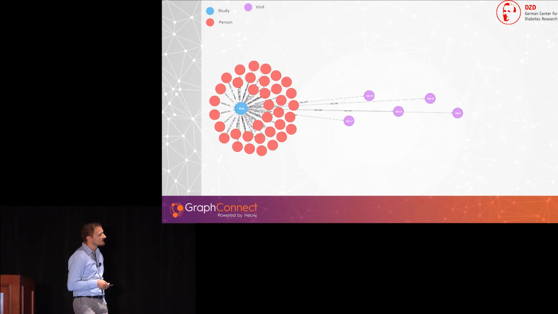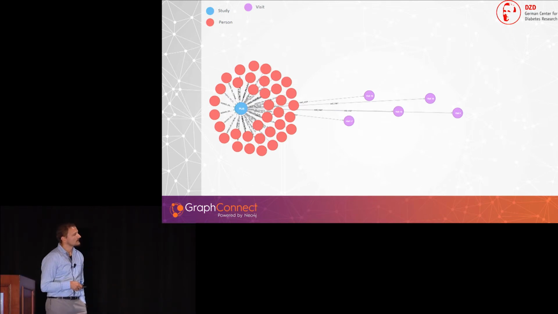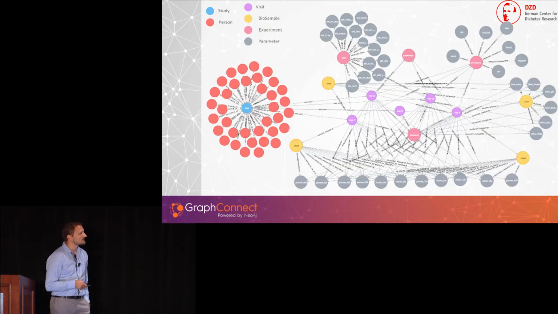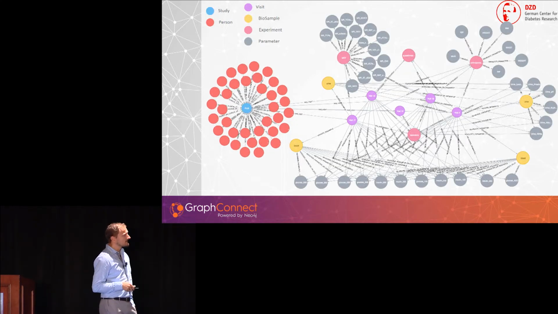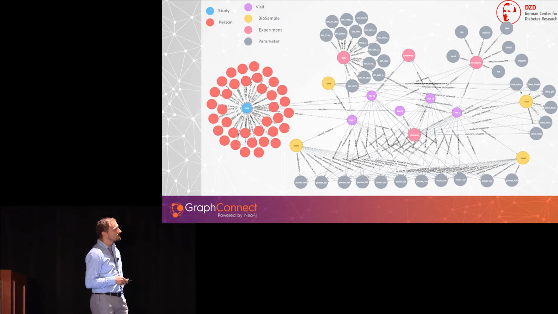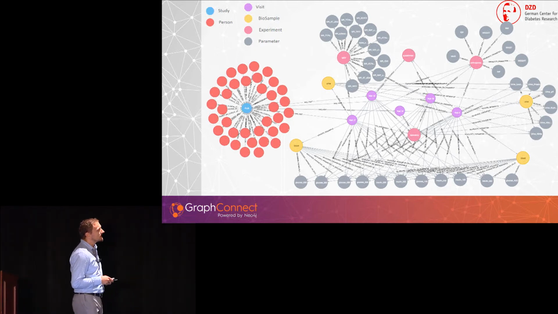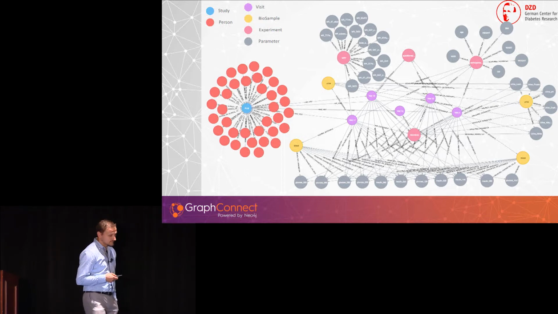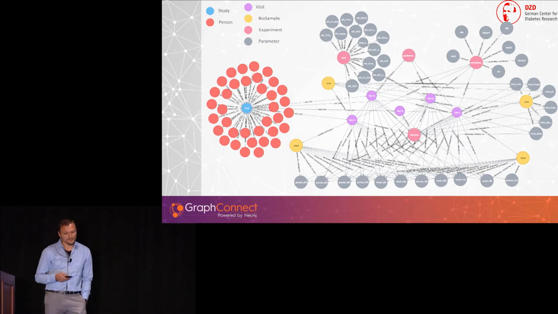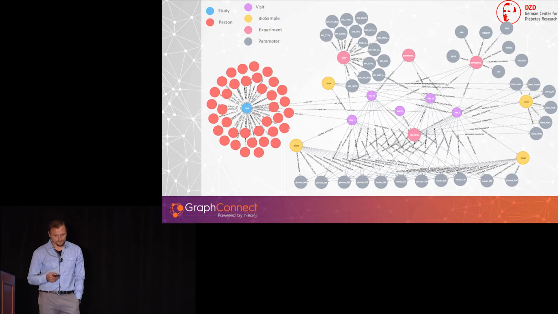They see the visits here, and then they can browse to visit 17. And now you see that it's easily getting complicated. We have many different experiments here in pink, where we have the parameters in gray and the biosamples in yellow. And that's why it's so complicated to answer this question.